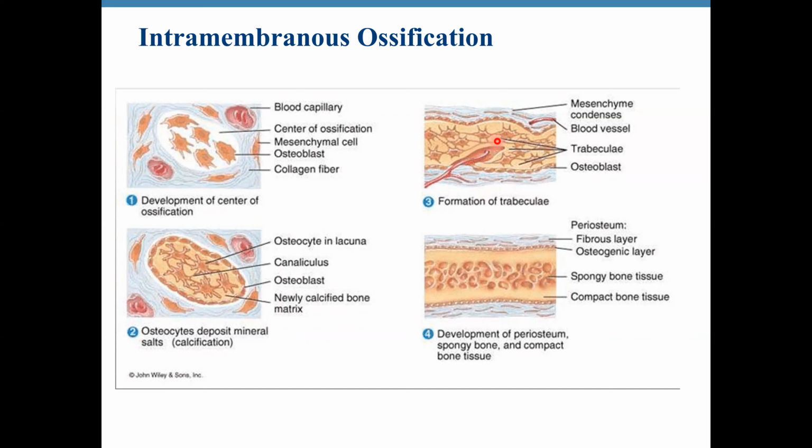Right, so over here we start forming trabeculae, and finally develop periosteum. Again, that's a very quick overview. So intramembranous ossification starts within connective membrane. Mesenchymal cells differentiate into osteoblasts, start secreting matrix. This matrix starts to be deposited in a specific manner, forming trabeculae, and then periosteum is formed.